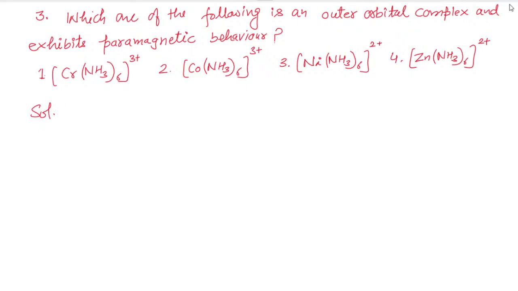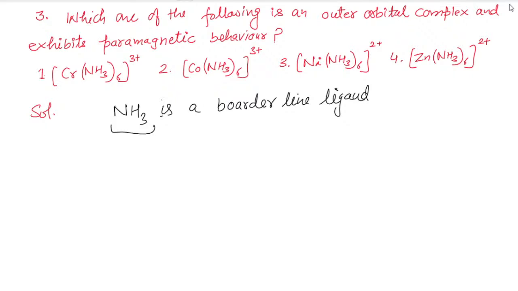First of all, keep in mind that ammonia is a borderline ligand, meaning it is not very strong, not very weak. Ammonia can form an outer orbital complex as well as an inner orbital complex depending upon the metal.